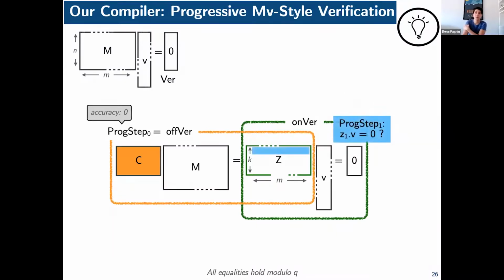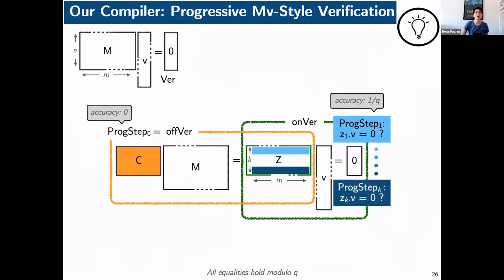But then if you let me do step 1, I will actually check the first row of Z, which gives me accuracy 1 over Q. And if you let me do more and more steps until I get to the last one, then I will get accuracy 1 over Q to the K, because all of these rows are chosen independently, are obtained from C, that are sampled independently. So they build on the randomness.